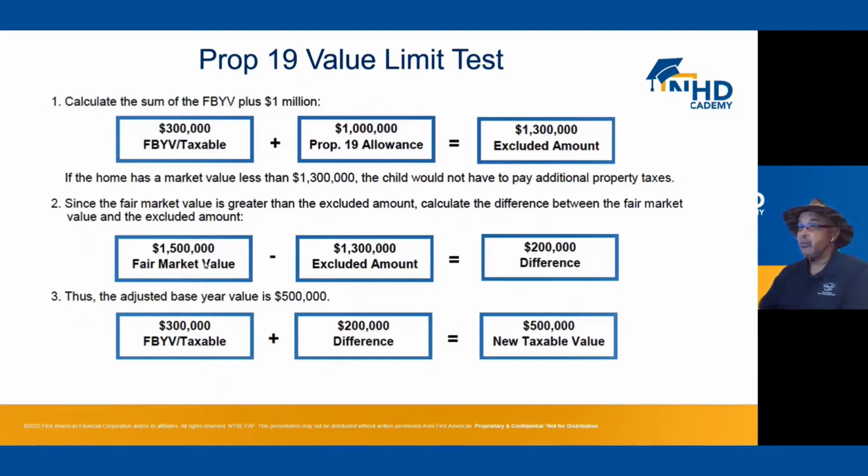The fair market value of the property they are inheriting is 1.5 million. So that's a difference of 200,000. That 200,000 would be added to the factored year base value of 300,000 to arrive at a new assessed value of 500,000.